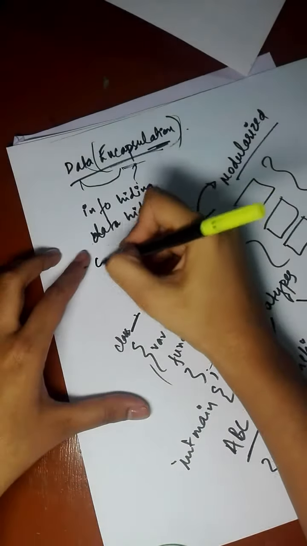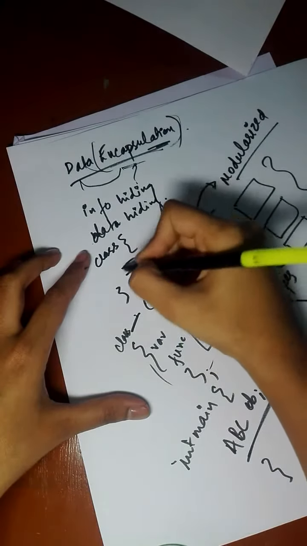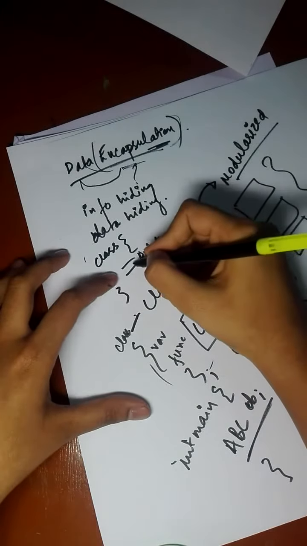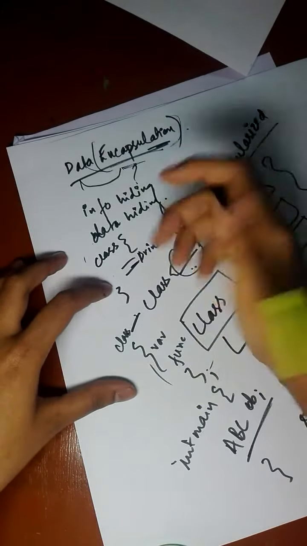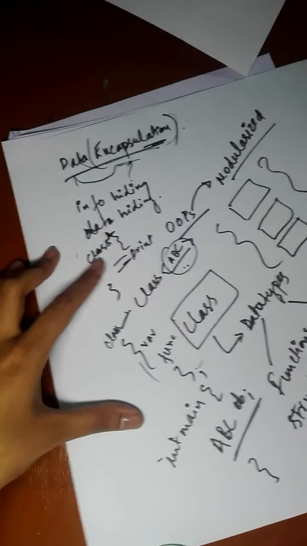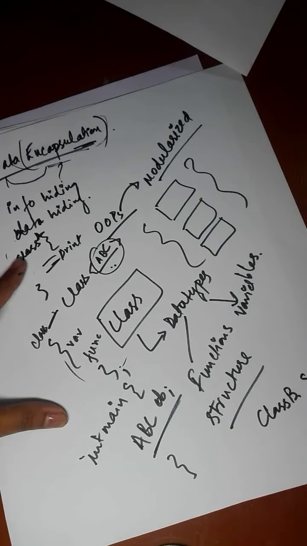Suppose you have a class A, and you have some functions in it, say print. You've user-defined a function to print something, and this is inside class A. Now somewhere you're declaring a class B, which has some functions.